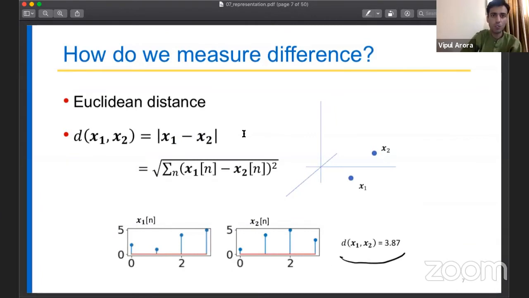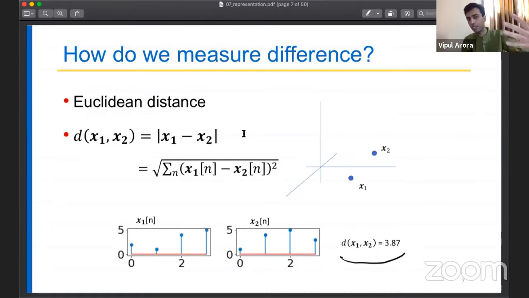Now the thing is, how do we measure differences between two different vectors or two different matrices or any two different mathematical objects? How do you find the distance? Why do we need to find the distance? For example, if I show you an object and ask you, is it a chair? You have some representation of a chair within your own understanding, and you will compare it with that understanding.